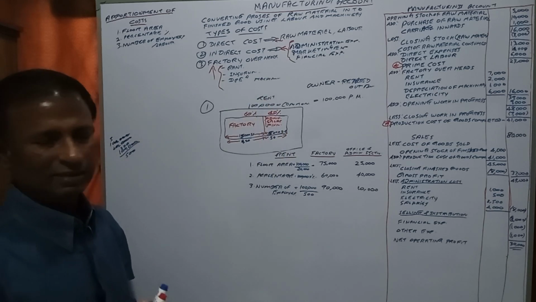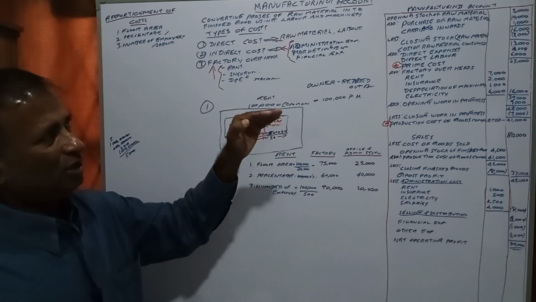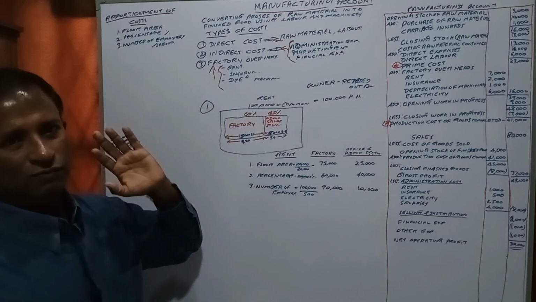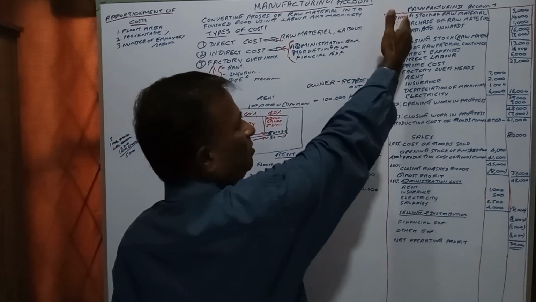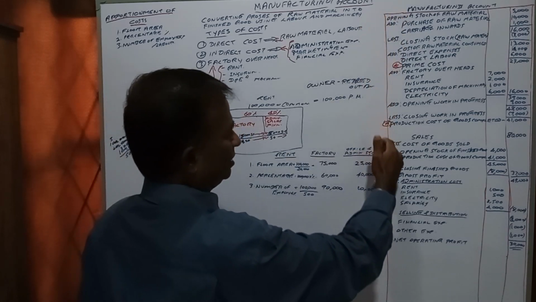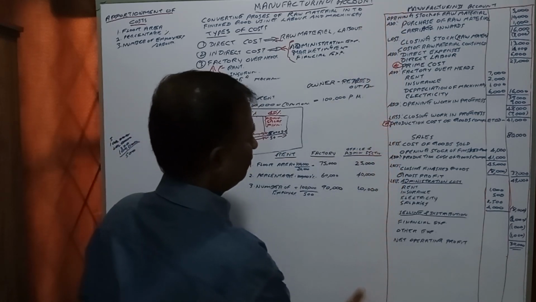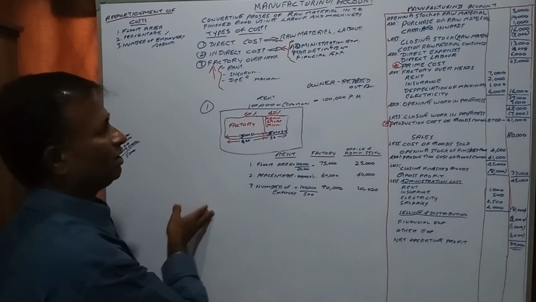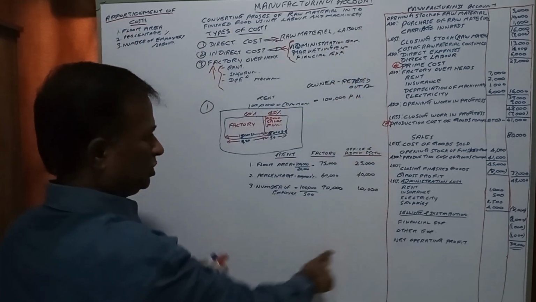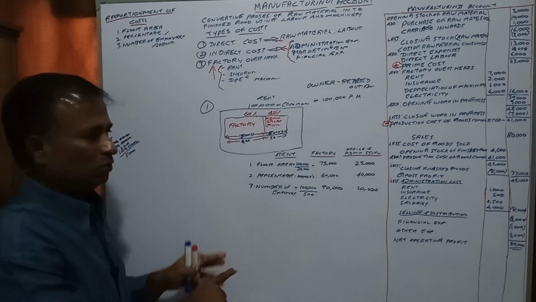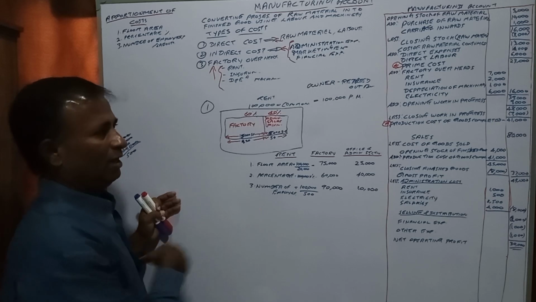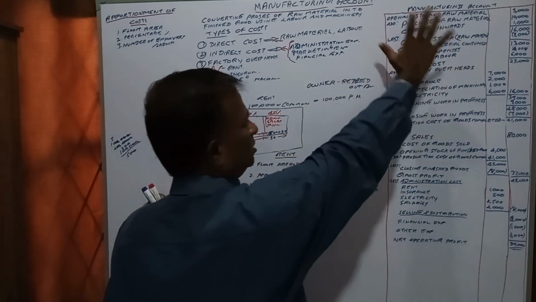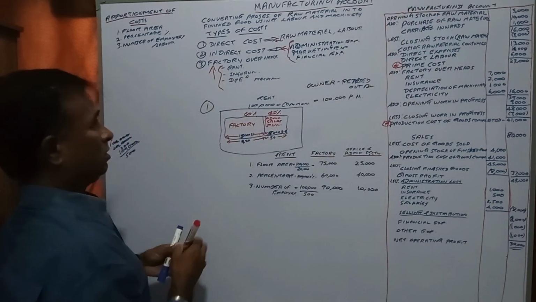Rest is easy in the sense that I am going to give you a format for the manufacturing account. Here I have given the format of the manufacturing account. If you understand this first picture which I gave you now, then you can proceed to the second picture.